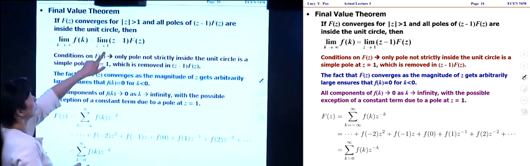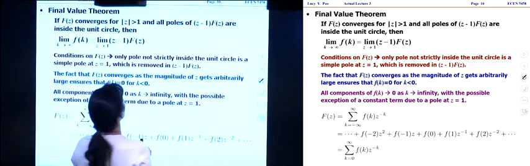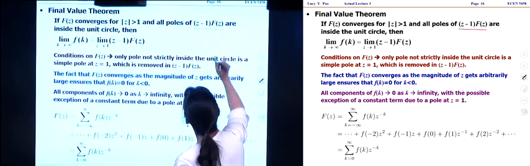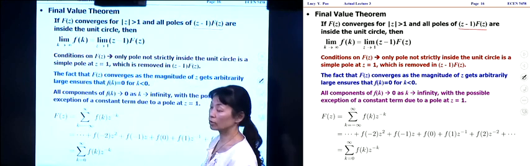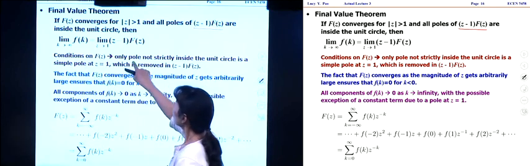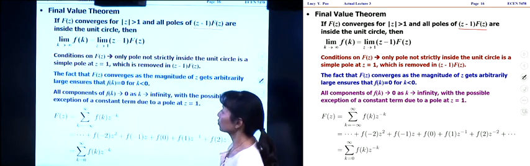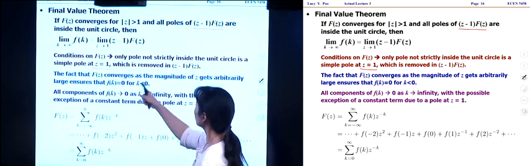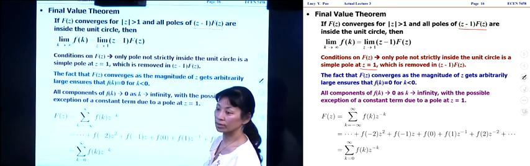So what do these conditions mean? All poles of z minus 1 times F of z have to be strictly inside the unit circle. That means that in F of z, the only pole that's not strictly inside the unit circle is a single pole at z equal to 1, which then gets removed when you take this product.